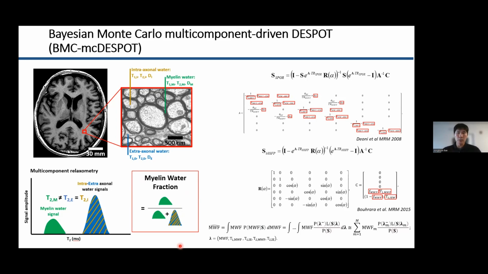As you can see from this formulation down here, with the matrix formation up here, this is a high-dimensional estimation problem to solve. And to tackle this, we developed the Bayesian approach that allowed us to measure myelin water fraction, T1 and T2 of the two components.